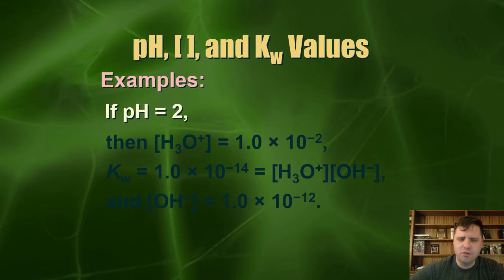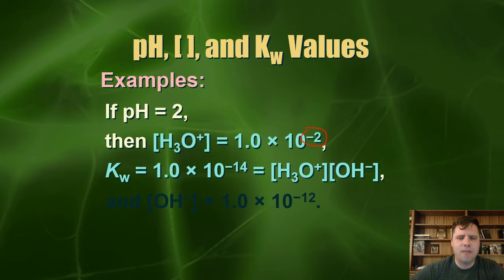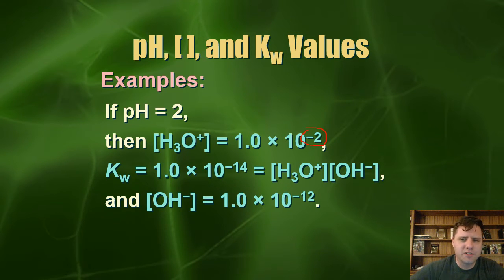If pH is 2, then again, we would just say that that 2 becomes a negative on this 1 times 10 to the negative 2. And if we wanted to solve for the hydroxide concentration, we just say what added to that gets us to negative 14. In this case, it'd be negative 12. Negative 12 plus negative 2 yields negative 14. So these problems shouldn't be that difficult. We're just looking at what negative numbers add up to negative 14, right?